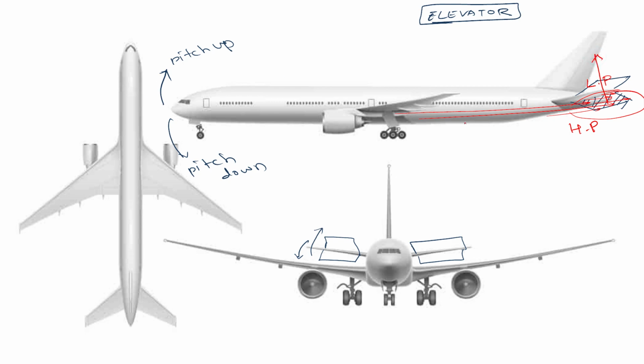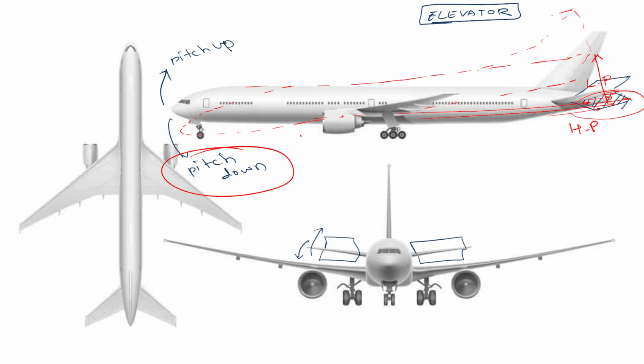As the aircraft is moving forward in a stabilized way, this tailplane will go upwards. The rear part of the body will go upward because of the lift. If it goes up, then obviously the nose will come down. As a result, we will have the pitch down.